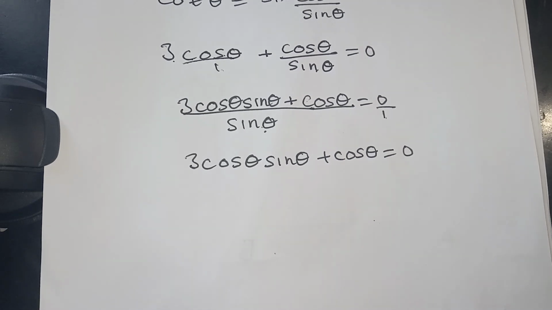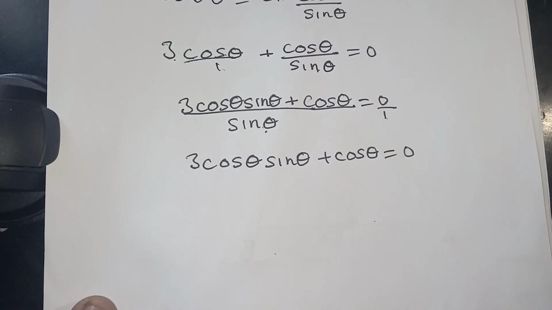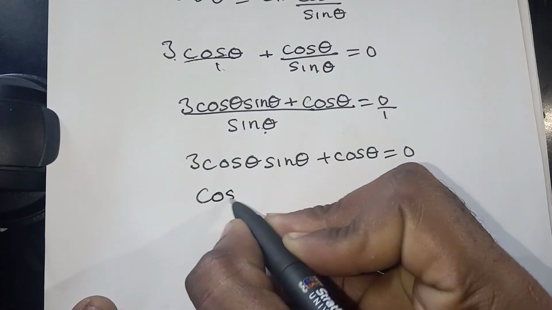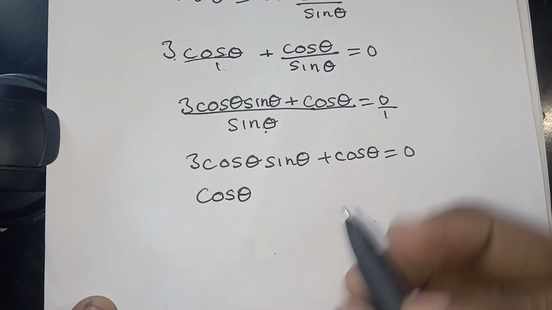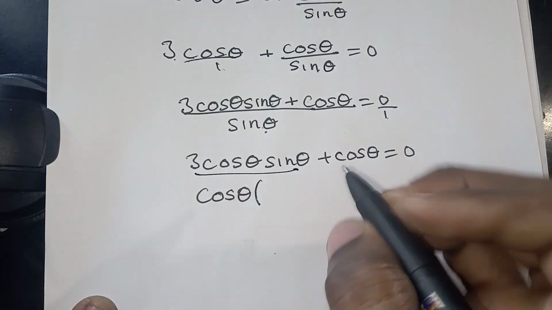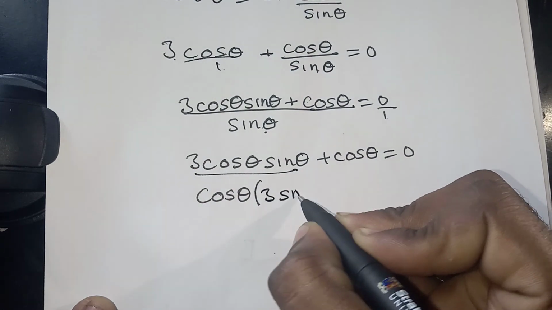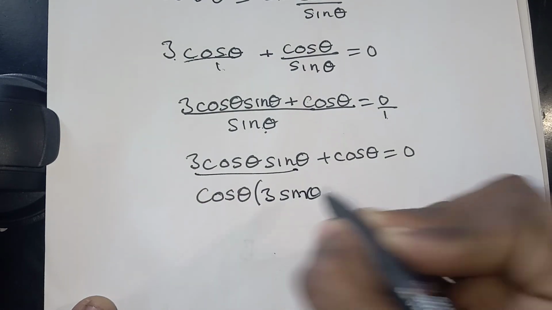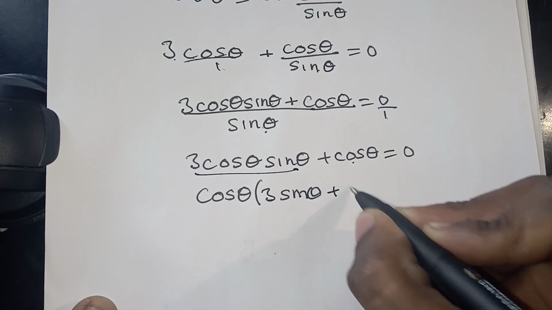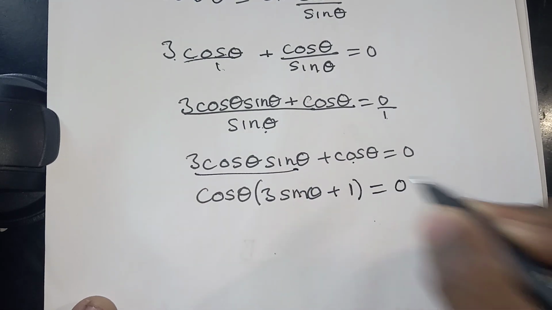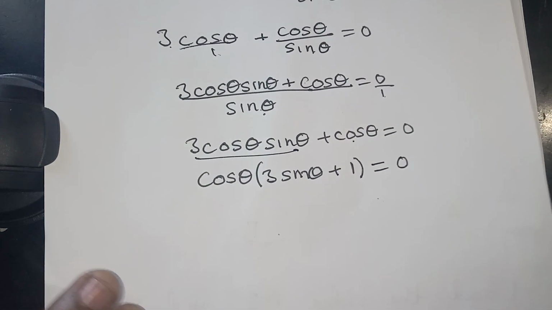Now to solve this, you can factor the cos out. Once you factor the cos out, you remain with 3 sine theta here, and then you have a 1 there, which will be equal to 0.